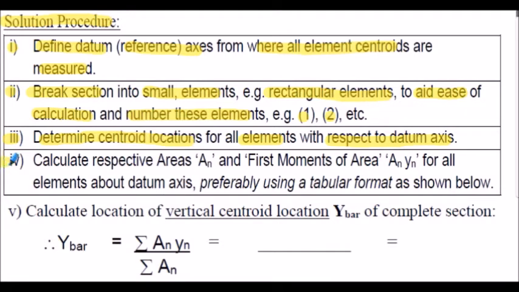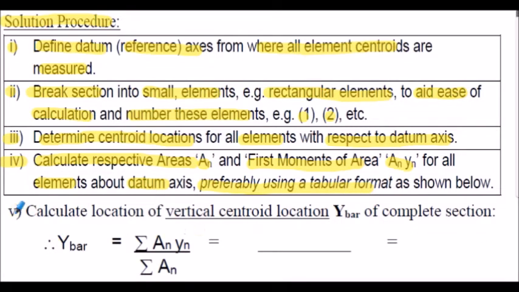Step 4, we need to calculate the respective areas, the ANs in the table, and the first area moments, the AN YNs, for all the elements about the datums. It's preferable to use a tabular format as we'll show on the following slides.